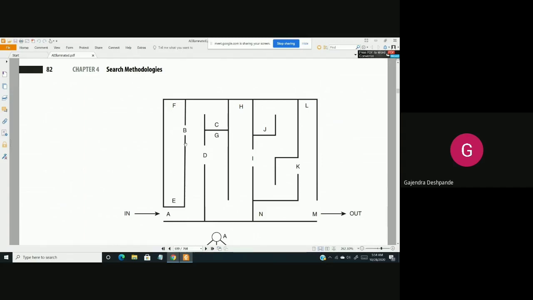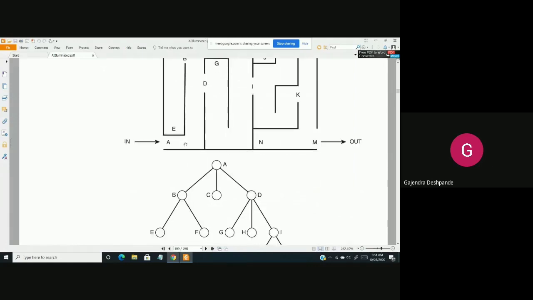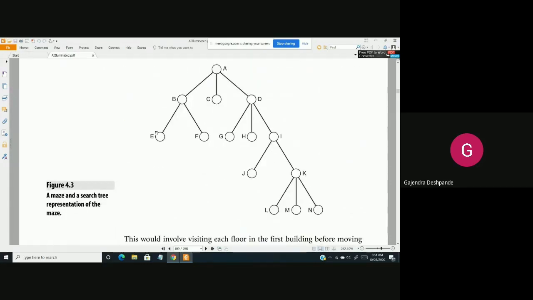Let's consider the entry points, and the entry points have to be denoted as the nodes in a tree. Our entry point is A, so A should be the root node. Then our exit point is M, so M should be a leaf node.